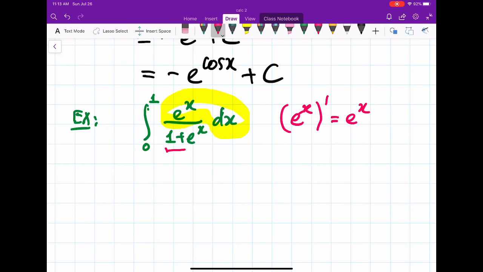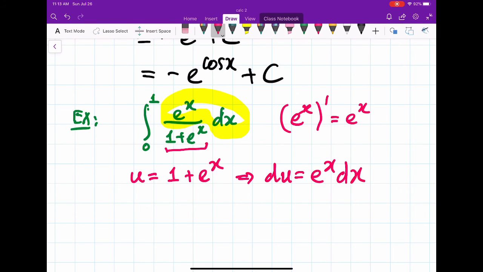You have 1 plus e^x in the denominator. So you may think you put u equal to 1 plus e^x, right? And in this case, you have du equal to e^x dx. You see, you have e^x dx on the top already. So it seems like this is a good substitution.